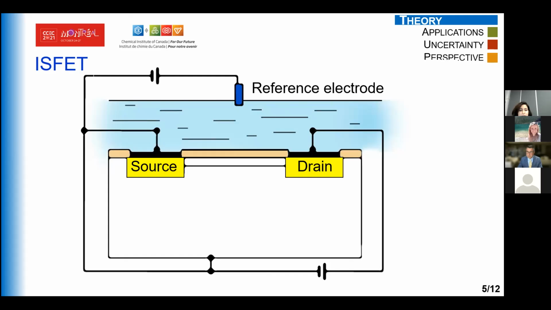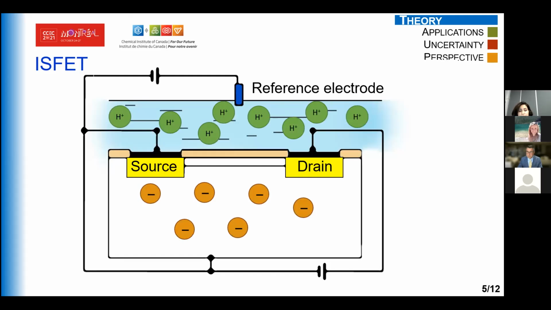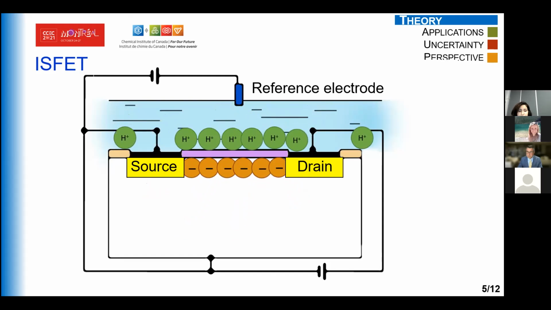Here there is a pH-sensitive layer between the source and the drain, in the ISFET gate. This pH-sensitive layer interacts with the hydrogen ions in the solution, and this creates an electrical current between source and drain. The strength of this electrical current is what identifies the pH.